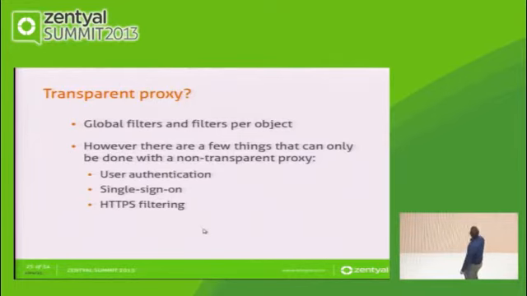You can put global filters. You can also filter by object, because the proxy knows the original source IP. But we suffer from some limitations if we are using a transparent proxy, that, again, may apply to your case or may not. I just put in the pros and cons, so you decide.